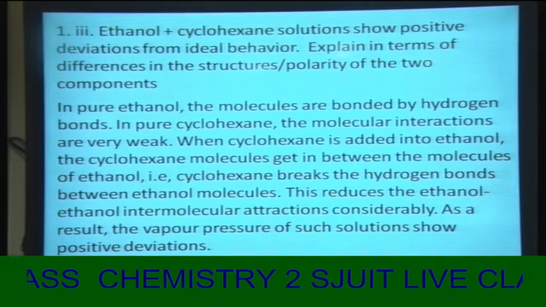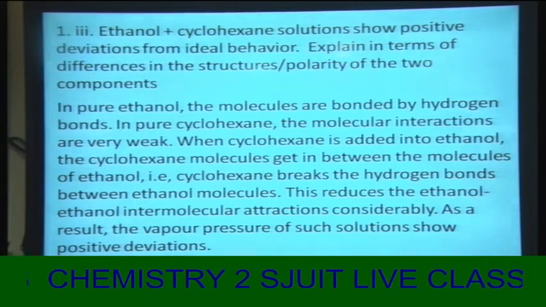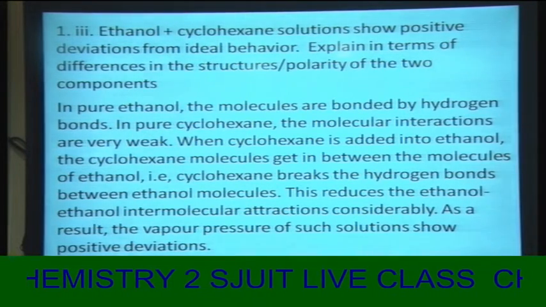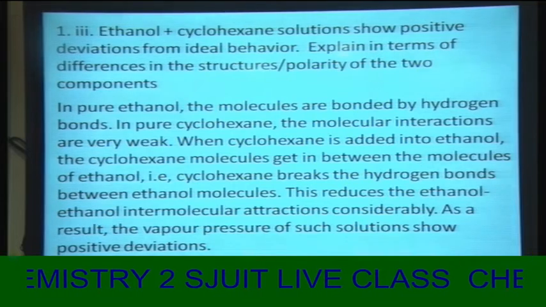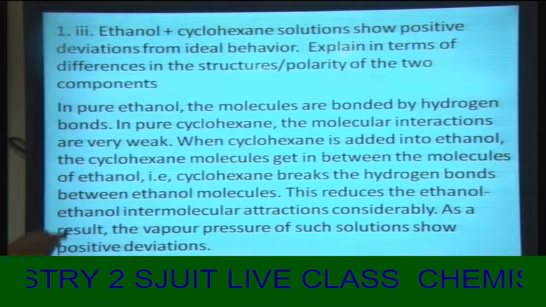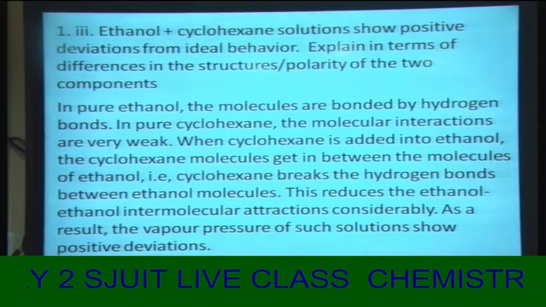It means cyclohexane breaks or obstructs the hydrogen bonds, and hence ethanol molecules together with cyclohexane molecules have a higher tendency of going above the solution.